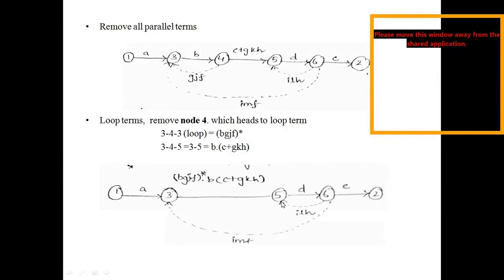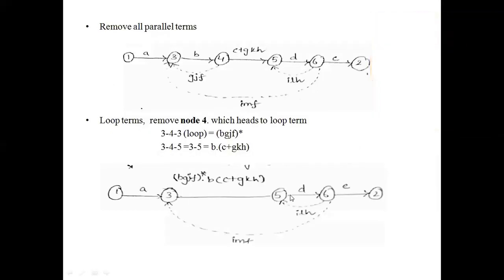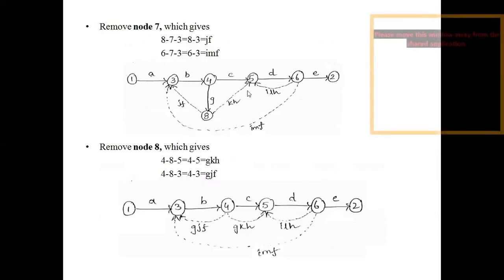See here, what is the path for 3 to 5? The paths for 5 are 5, 6, 5, or 6, 5, 6, and next one 3, 5, 6. So when you're removing node 5, then it goes to 3, 6.